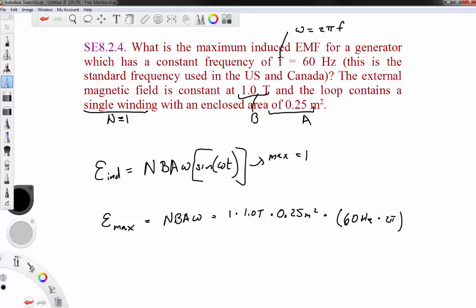So if we multiply all these together, you get 30 times pi volts. So E max, 30 times pi, is going to be something like 94 volts. So that is what the maximum produced voltage for this generator is.